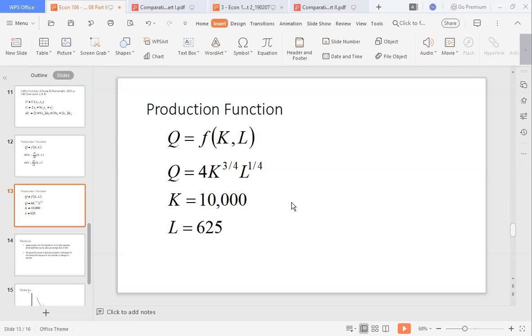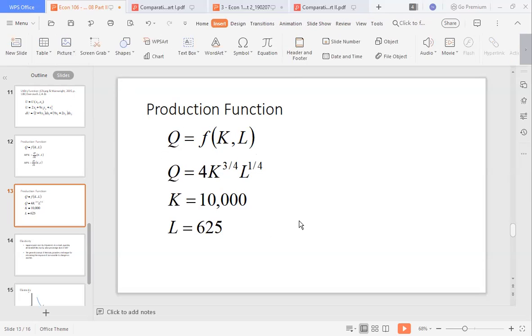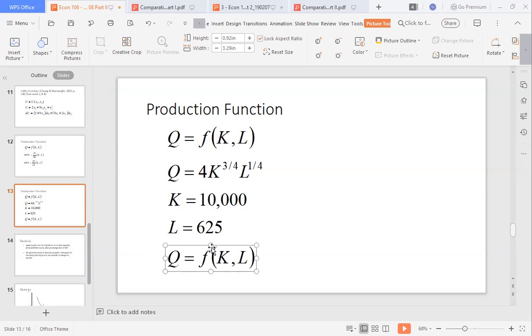Now, with that one, who would like to provide for the class the total output given those figures? What's total Q, class? When you have a production function equal to 4K raised to the power 3 over 4 times L raised to the power of 1 over 4, and you have K equal to 10,000 and L equal to 625, what is output equal to? Anyone who would like to raise their hand?